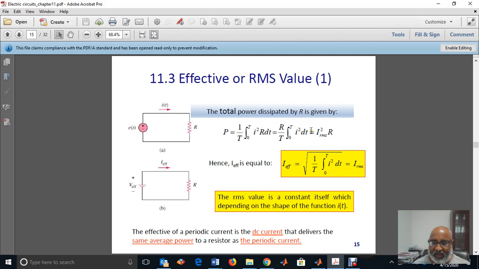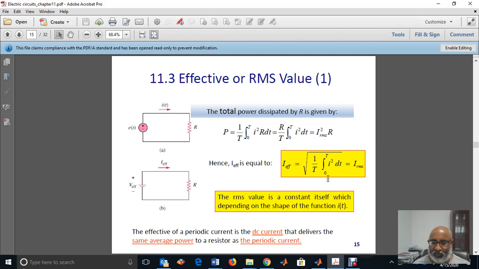From what is IRMS? From this relation, if we remove R, IRMS, or we call it also I effective, or the effective current, is the square root of 1 over T integration from 0 to T i squared of t dt. So we square the current, we integrate from 0 to T, and then we divide by capital T to get the average, and then we take the square root.